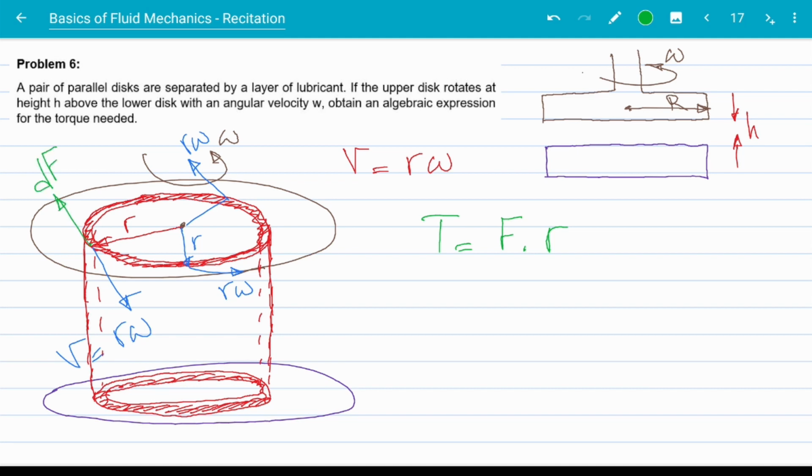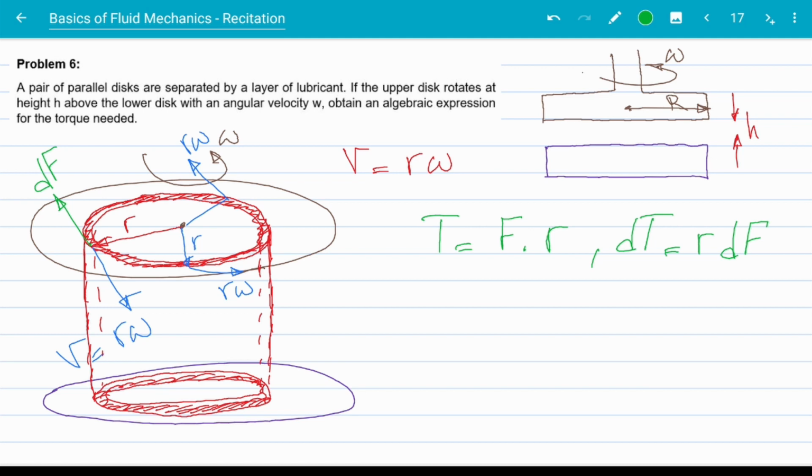So the amount of torque that this dF of this shell element is causing is dT, the torque, is R dF. So far, so good. We know that torque is F times the radius, or the arm of the force.